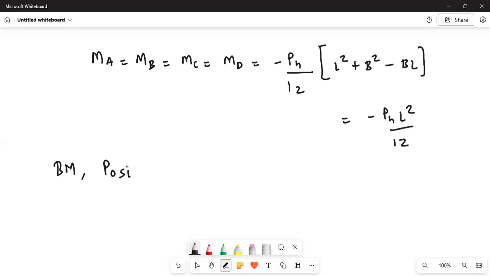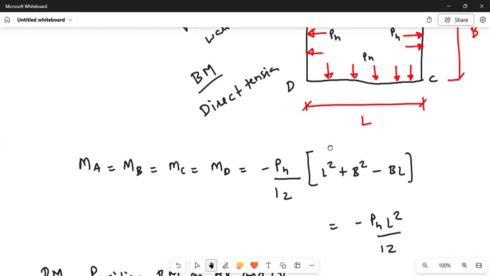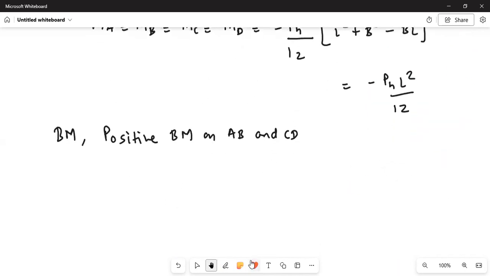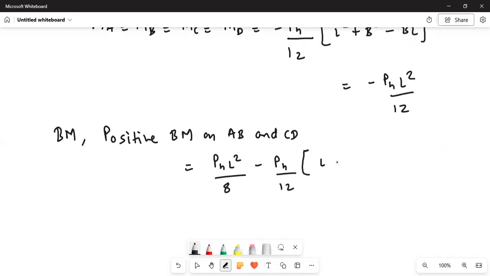So the positive bending moment on AB and CD, where AB and CD is the rectangular bunker side of length L, at the midspan is given by PH L, where L is the span of AB and CD, divided by 8, minus PH by 12 times L square plus B square minus BL.